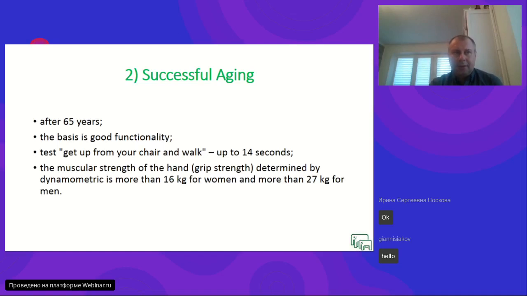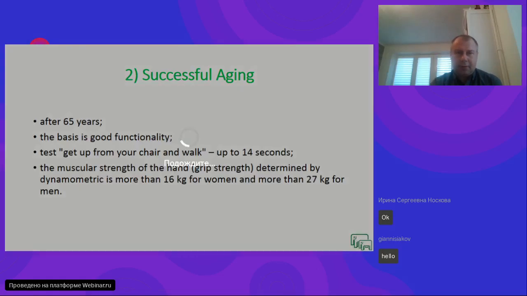And this test in normal must take up to 14 seconds. Another measurement of successful aging is the muscular strength of the hand, grip strength, which is determined by dynamometric measurement. It must be more than 16 kilograms for women and more than 27 kilograms for men. So these 2 tests can define successful aging after 65 years.